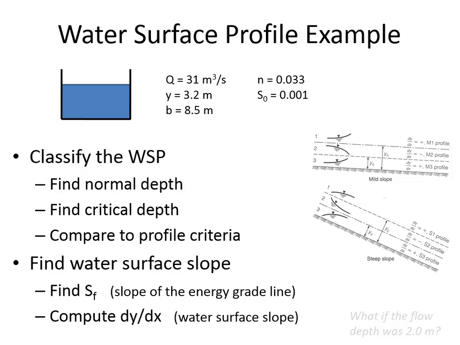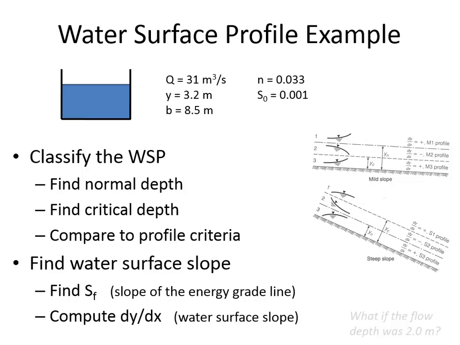And so for classify the water surface profile, which is what WSP stands for, first of all, find the normal depth. Then find the critical depth. And compare those two to the given depth y of 3.2 meters.